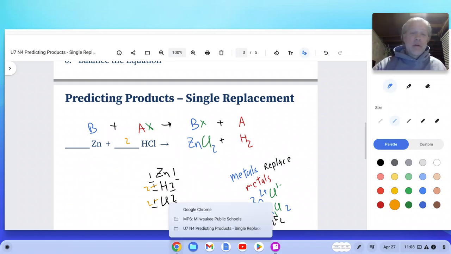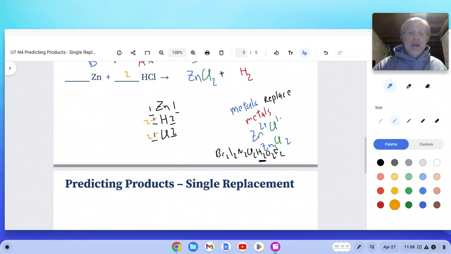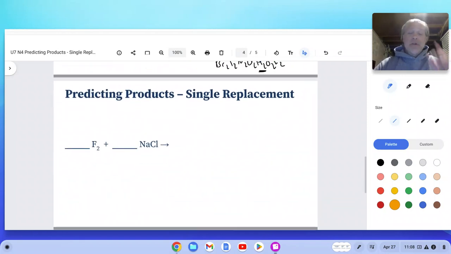So that's one example. So we're going to do a second example real quick, which is a little bit different.